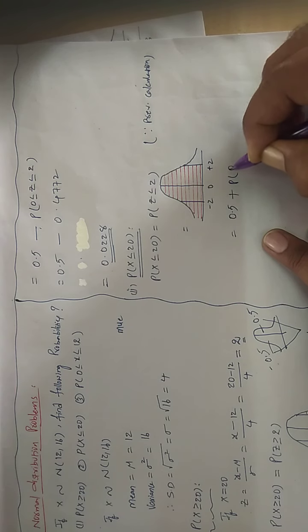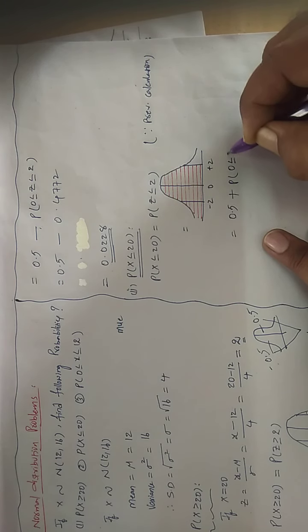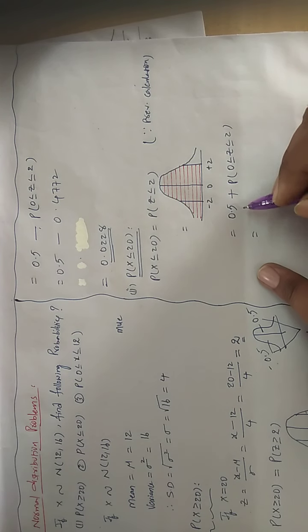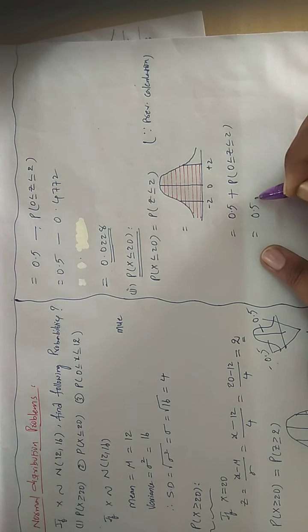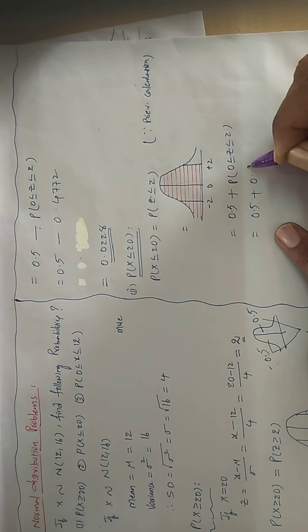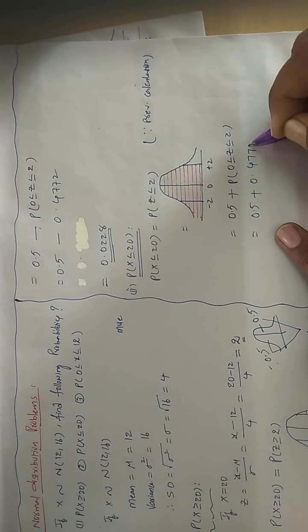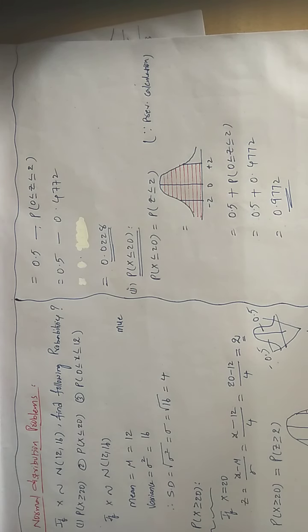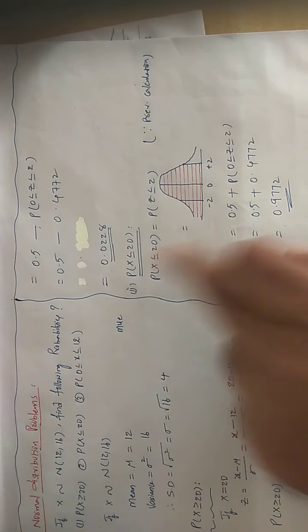Probability of 0 less than or equal to z less than or equal to 2. So what do you get here? 0.5 plus 0.4772. By adding, what do you get? 0.9772. So this is the probability. 97% here, 2%.